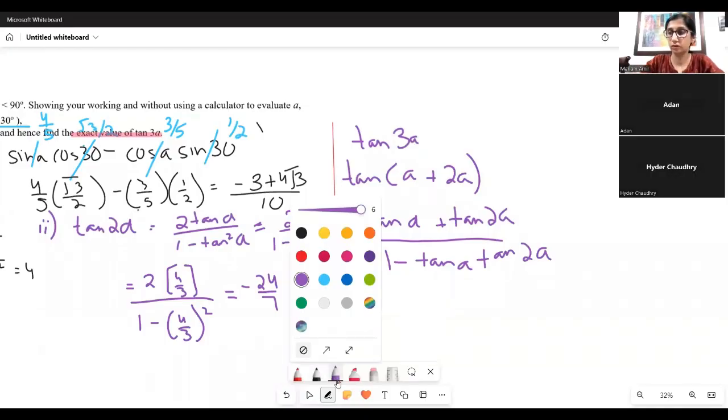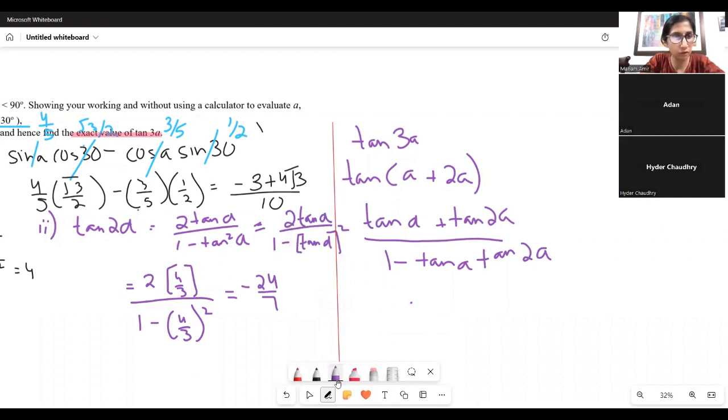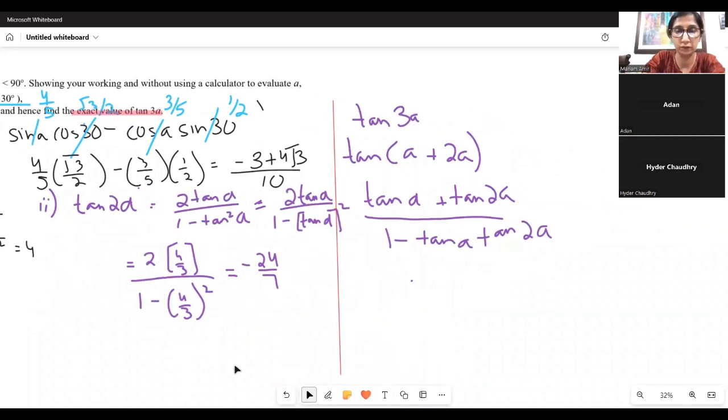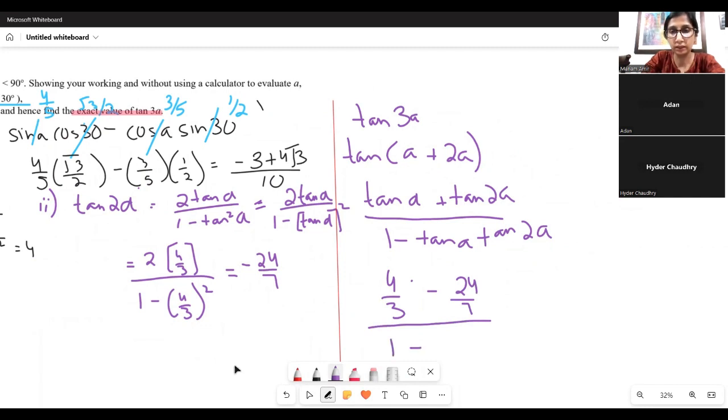Okay. So tan A we already know is what? Tan A is 4 by 3. So replace tan A with 4 by 3 plus tan 2A, which is minus 24 by 7, upon 1 minus tan A, which is 4 by 3, times tan 2A, which is minus 24 by 7.